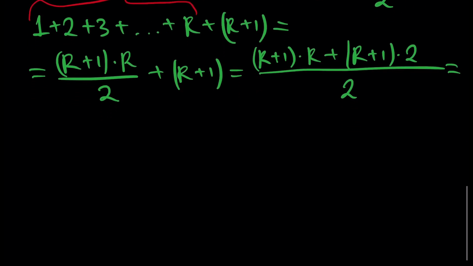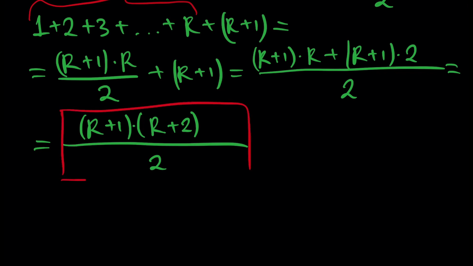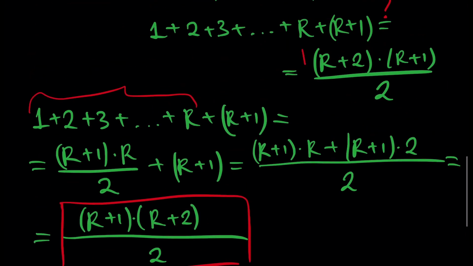And it will be equal to, we will take k plus 1 out, and we will have k plus 1 times k plus 2 divided by 2. But this is what we needed. This is what we wanted to prove.